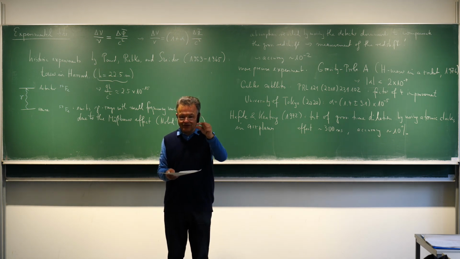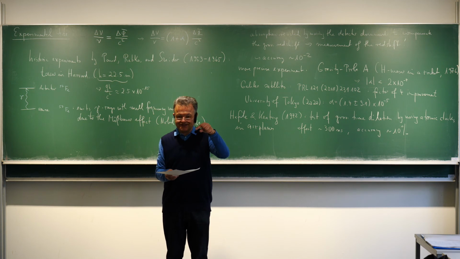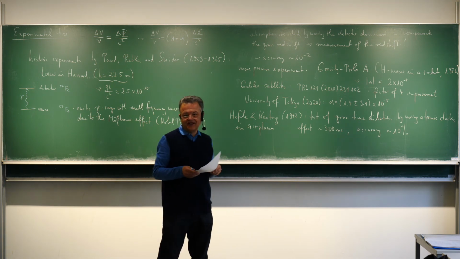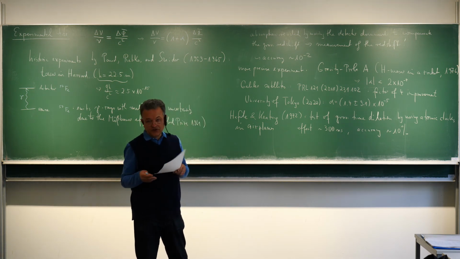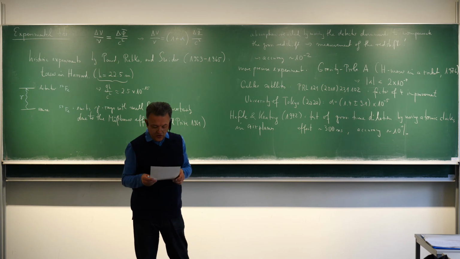Already that you can observe the redshift by sending a photon only over a couple of millimeters. That's really impressive, and it's made possible by technological advances in quantum optics. That is a field in its own, and it's very interesting.